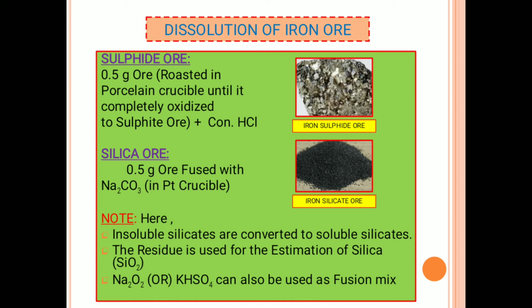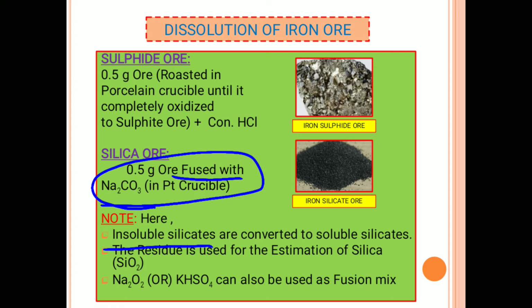So, in this silica ore dissolution, you need to use a technique called fusion technique. If you use this fusion technique, the insoluble silicates are converted into soluble silicates. Why?